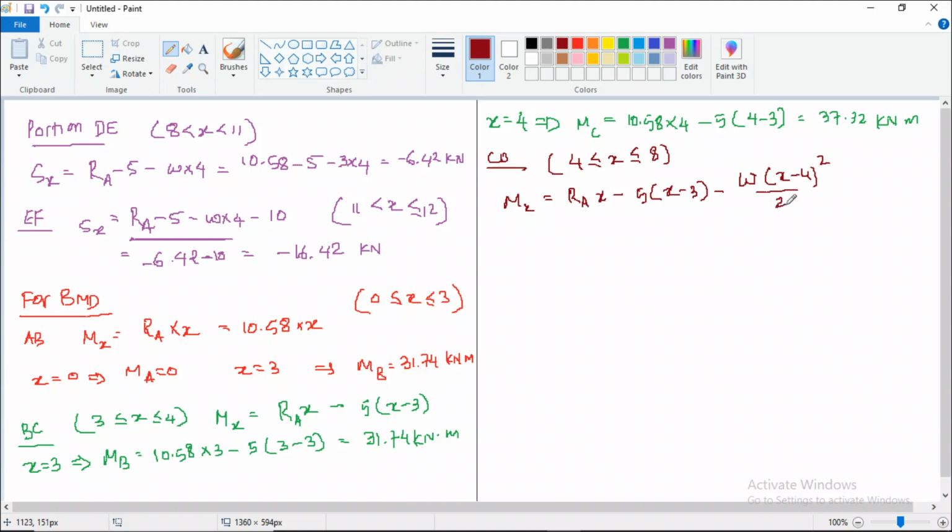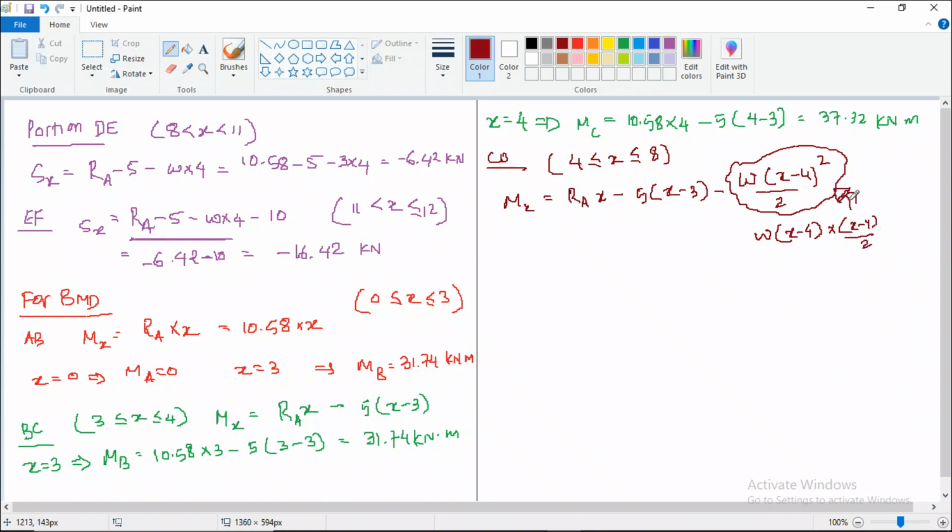Force multiplied by distance is the moment value, right? If I simplify, this is nothing but force multiplied by the distance, that is (x minus 4) divided by 2.